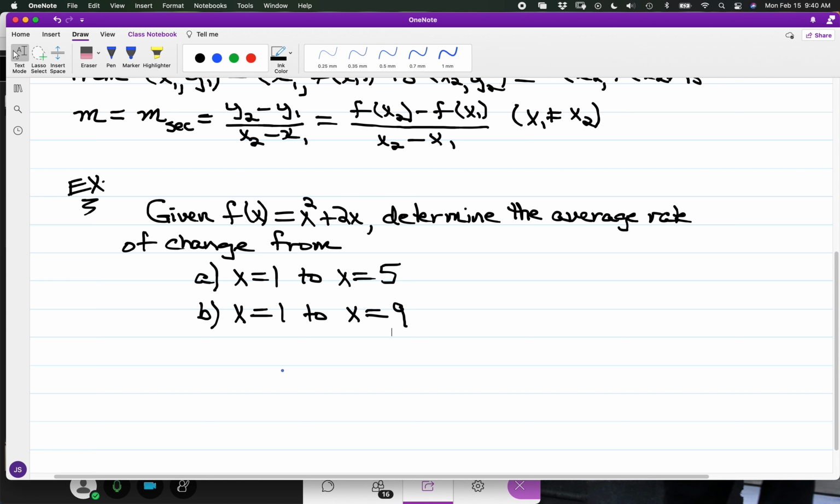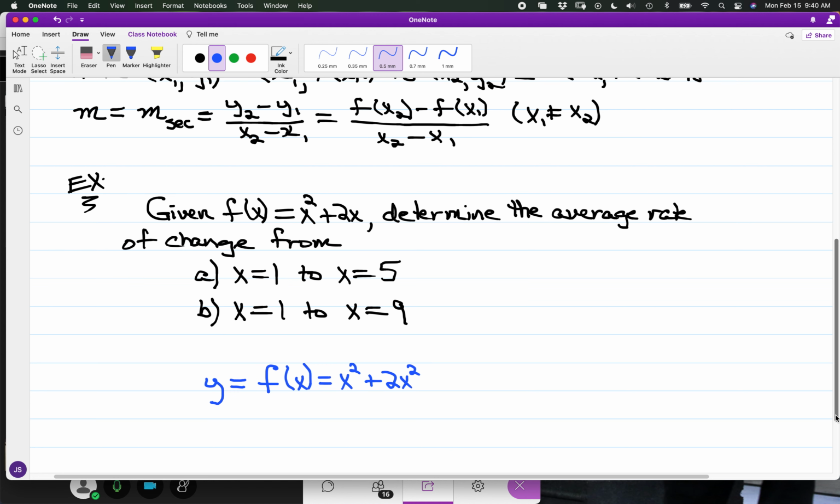Just to start out, we have f of x is equal to x squared plus 2x. And again, f of x is a functional notation for what we otherwise say is going to be y.